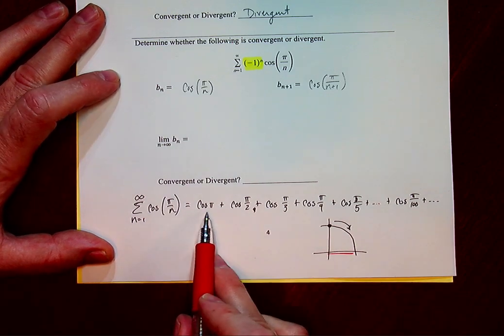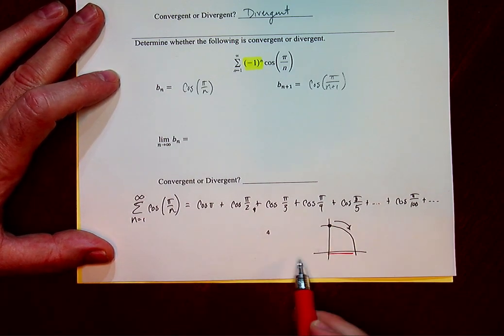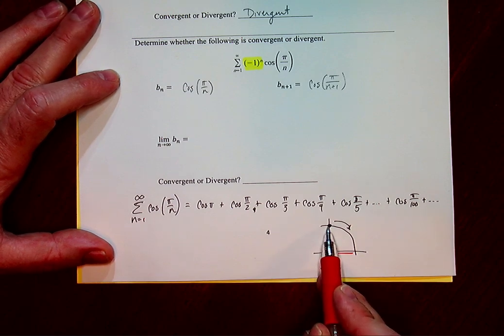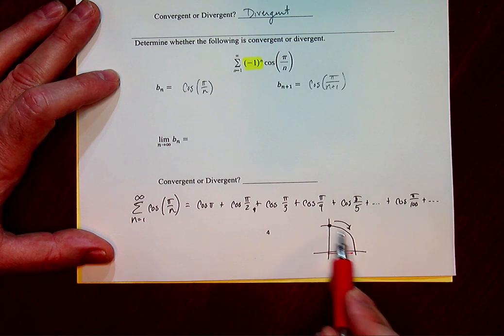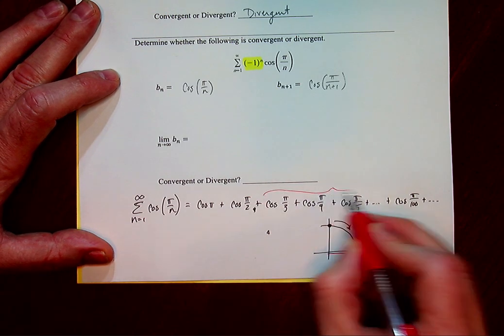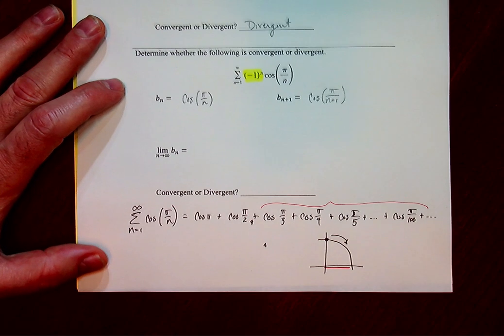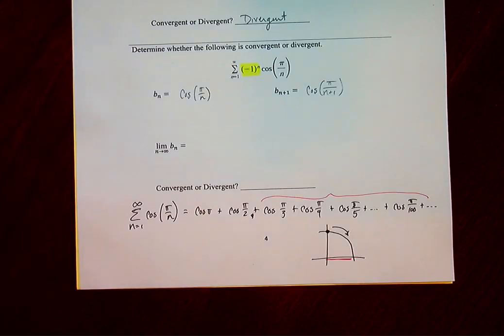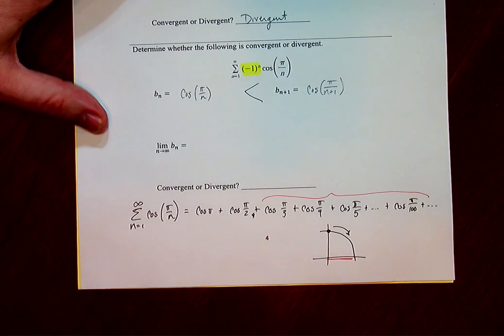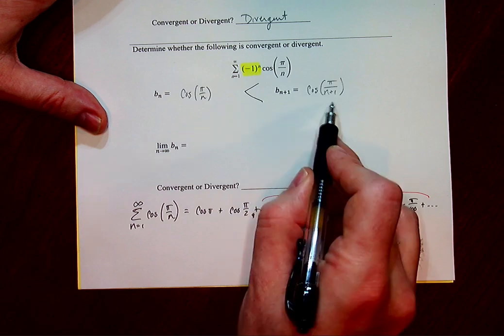So cosine of pi starts off here at negative 1, but then it winds up going closer and closer and closer to here. So after the pi over 2, for all of these terms, you are adding values that are greater and greater because they're going towards 1. So that means this is always less than that.